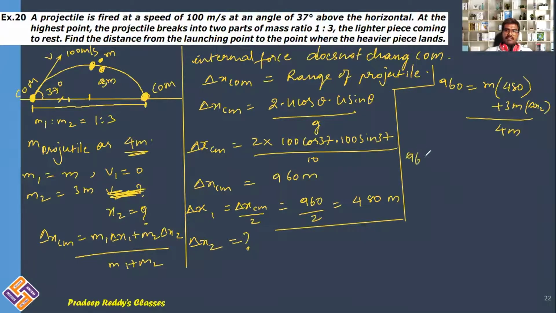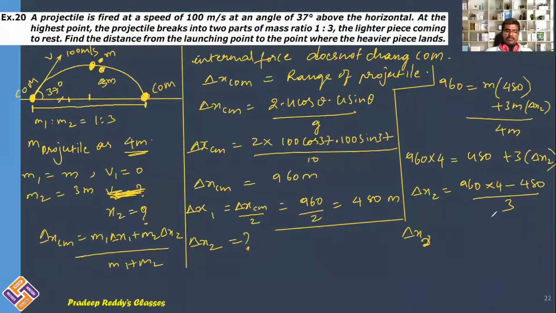That is 960 into 4 is equal to 480 plus 3 into delta x2. From here you can write delta x2 is equal to (960 into 4 minus 480) divided by 3. So if you calculate this total, delta x2 value, you will be getting nearly 1120 meter. That means the first mass will be coming to rest. The second mass comes to a position of 1120 meter.